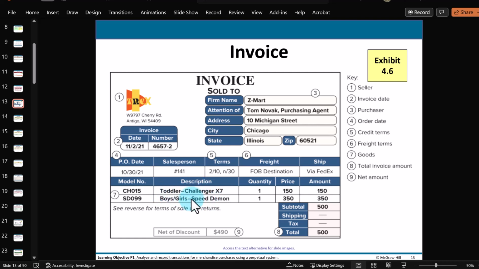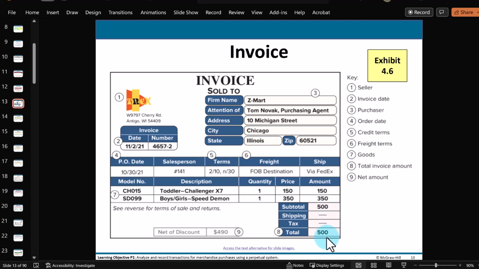So now we purchased the items, we got delivery, and now we also got a copy of this invoice. Here you can see we bought one item here and one item here, two different items, and we have the price for each item. We would extend or multiply across to get a grand total.